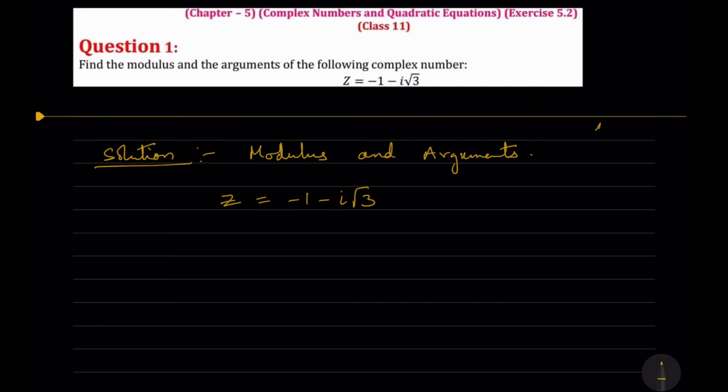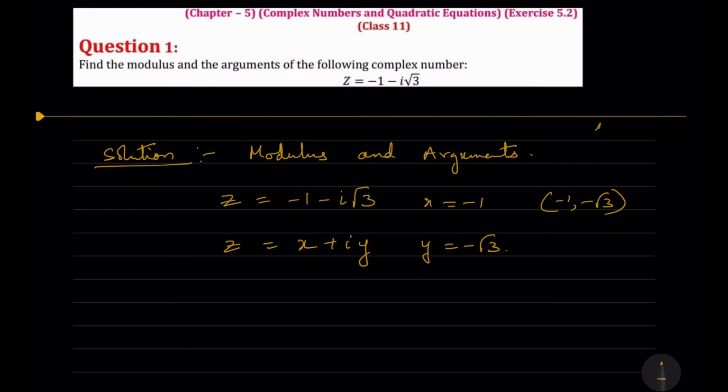This is in the form of x plus iota y. So here x is equal to minus 1, y is equal to minus root 3.